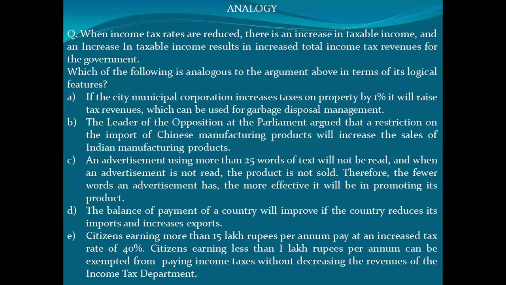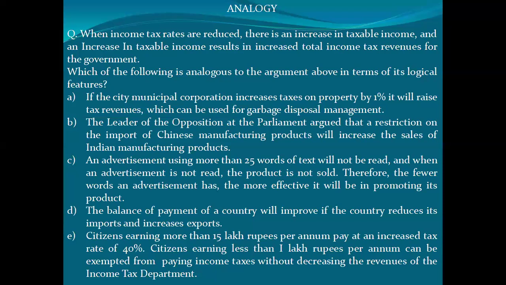Okay, so in part B, the third context we are discussing: only the sales of Indian manufacturing products are increasing, but not the relation. No, wait. Which one are you talking about? Option B. B says the leader of the opposition of the parliament argued that a restriction on the import of Chinese manufacturing goods will increase the sales of Indian manufacturing products.